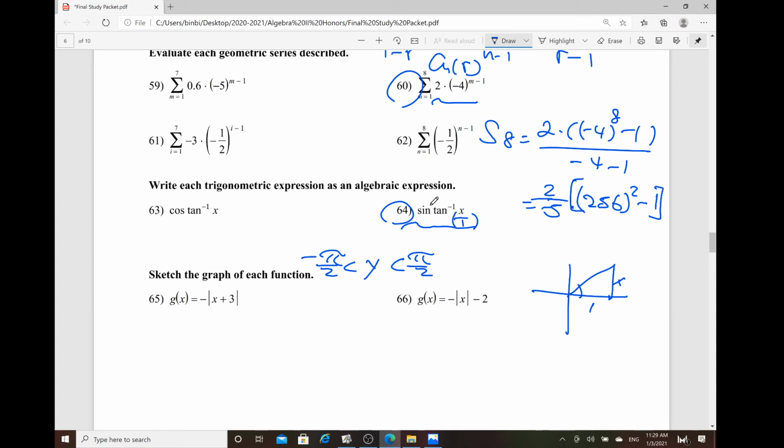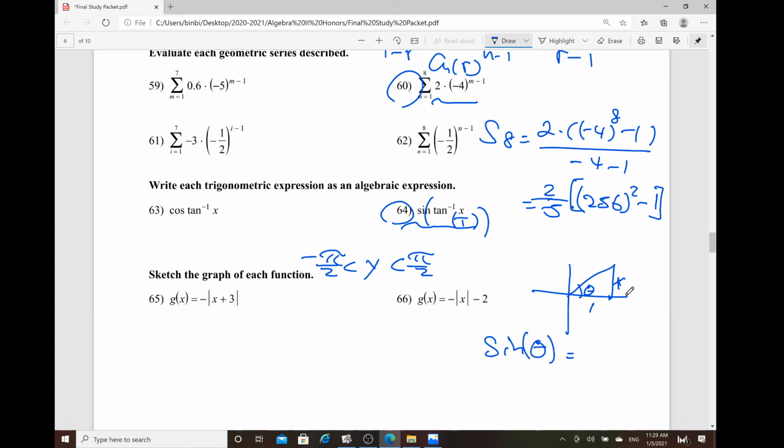So it's written as x over 1. Anytime I take the inverse of the ratios for any trig function, it's always considered the angle. For those you might be wondering, do I need to find out exactly what theta is? Well, you don't. So this one can be written as sine of theta. Inverse of tangent of x over 1 is being replaced by theta.